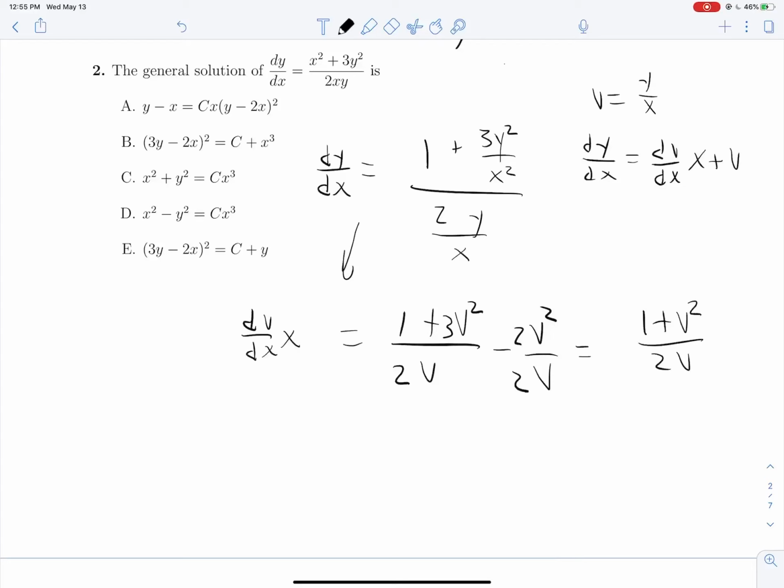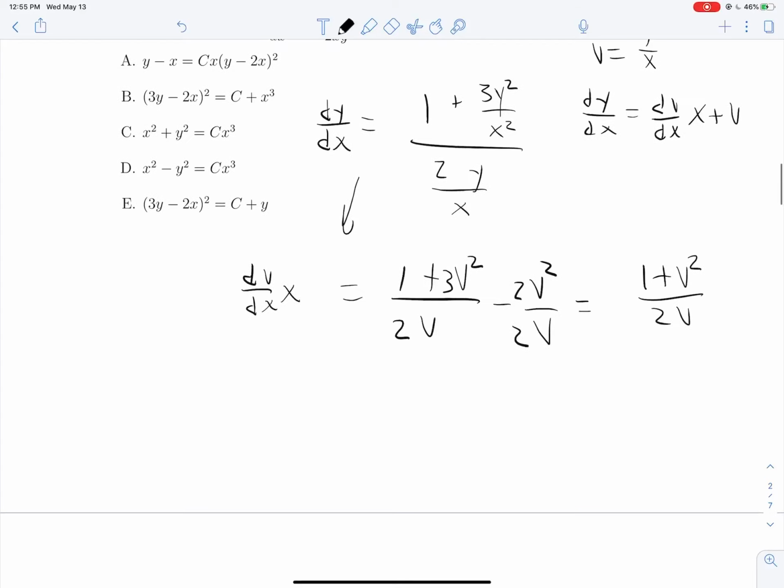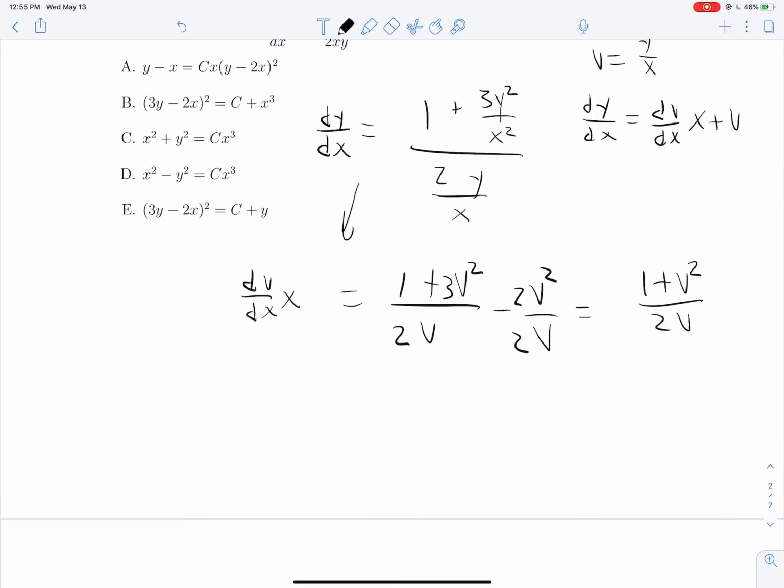So now we have a separable differential equation, and I'll just rewrite this to be clear. We have v prime times x is equal to 1 plus v squared over 2v. Okay, let's move this over here, 1 over x, and then multiply the dx over, and then we'll move this guy over to the other side as well.